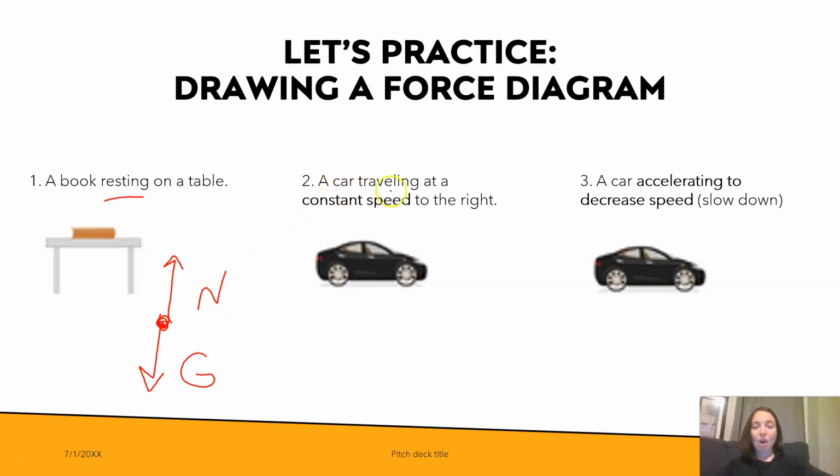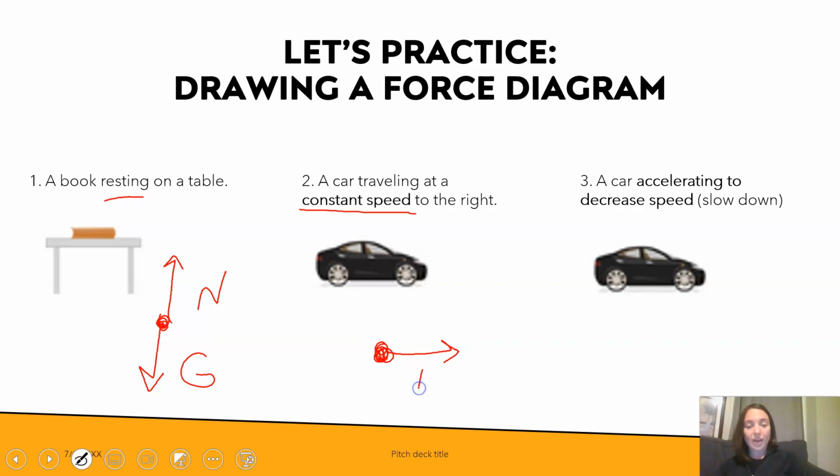Example 2. A car traveling at a constant speed to the right. When you have either no motion or a constant motion, your forces will be balanced. So if we draw our dot for our car, we have the forward direction of the car.